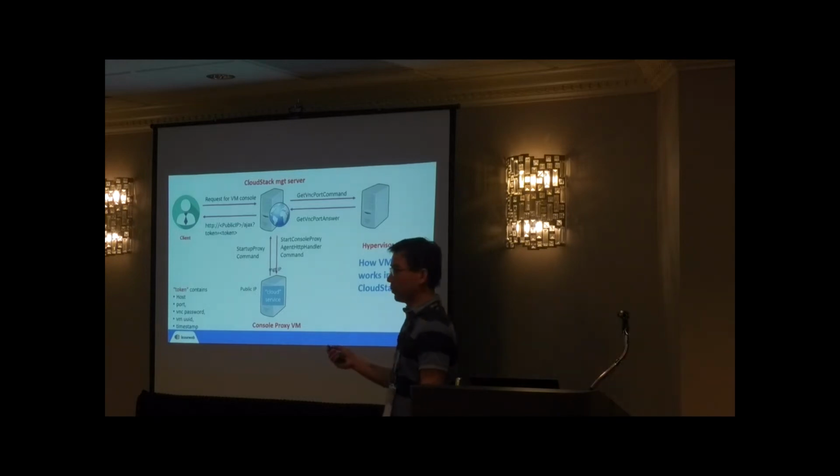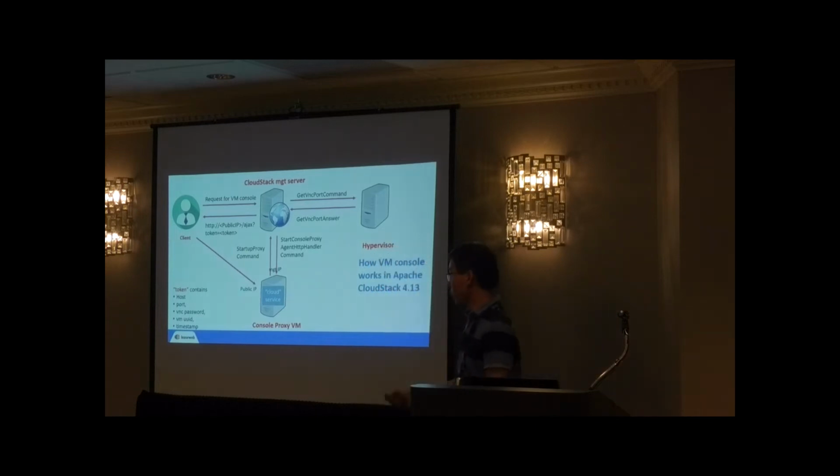So now, if we try to access the URL from our browser, it will send a request to the console proxy VM, and the console proxy VM will decrypt the token and access the host hypervisor IP and the VNC port with the VNC password. Now, this is how we access the console of the virtual machine.